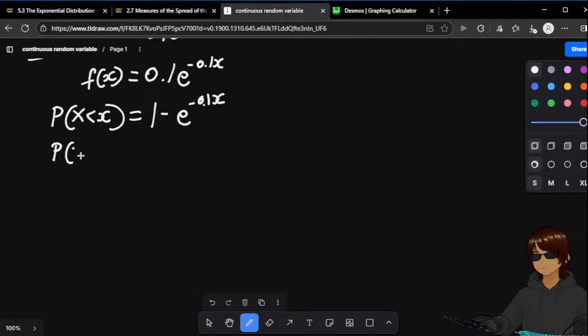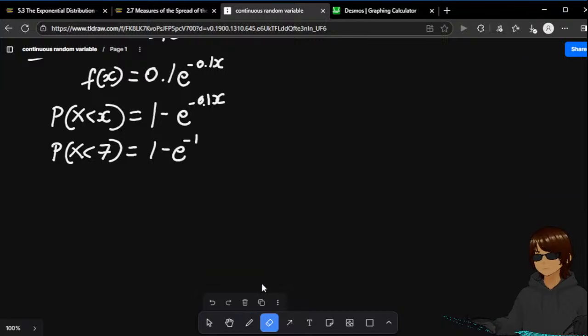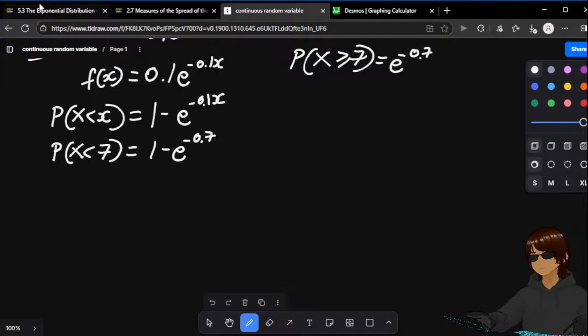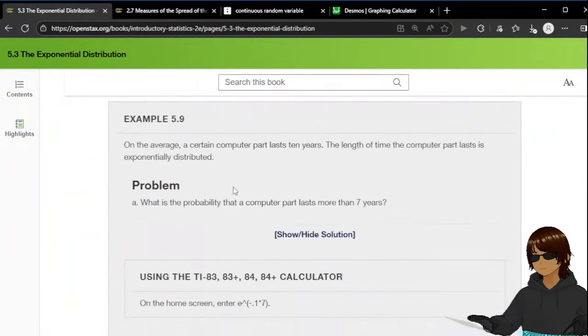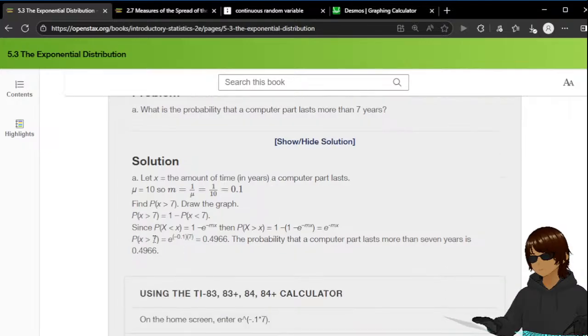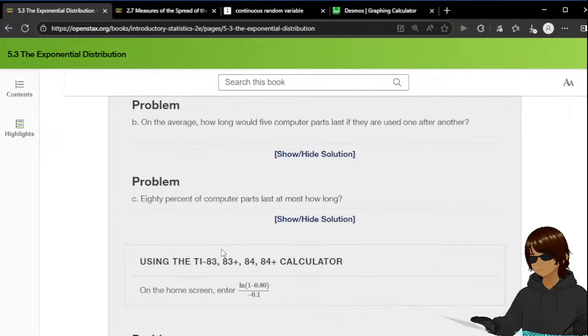So 7 times 0.1 is 0.7. Probability is more than 7, so 1 minus this. Is that correct? Okay.